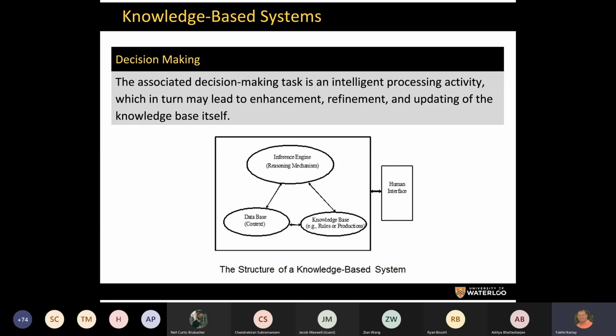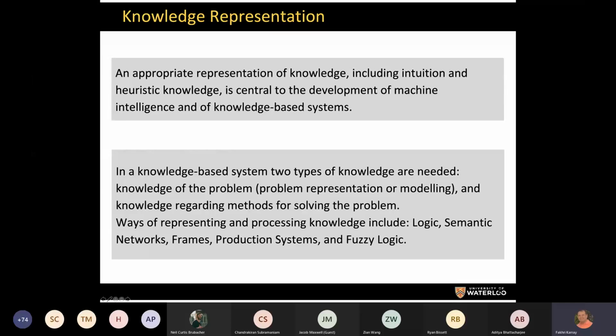It goes to the reasoning mechanism, and then it goes to the human interface, which is going to improve the knowledge-based system throughout experience: how to improve the knowledge base, how to improve the rules or production. This is especially for expert systems and for fuzzy inference systems that we are going to see later on in the course.